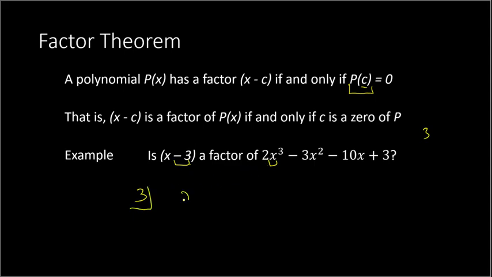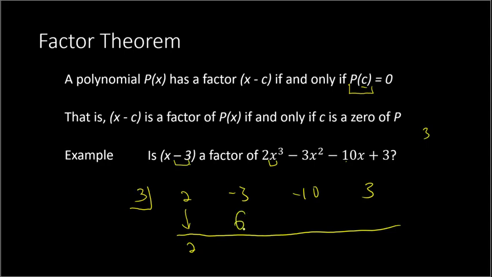You take the coefficients. We have 2, negative 3, negative 10, and then a positive 3. And then what we do is we bring down this first number, and then we multiply and add over and over again. So we multiply 3 times 2 to get 6, and then add. 6 plus negative 3 is positive 3. Multiply and add again. 3 times 3 is 9, then add with negative 10 to get negative 1.